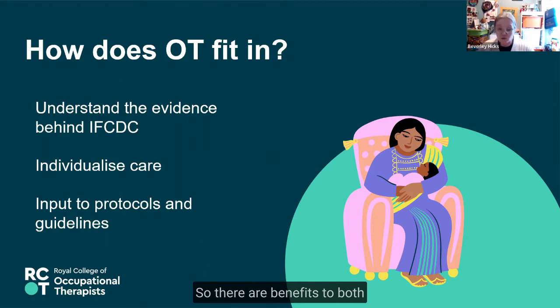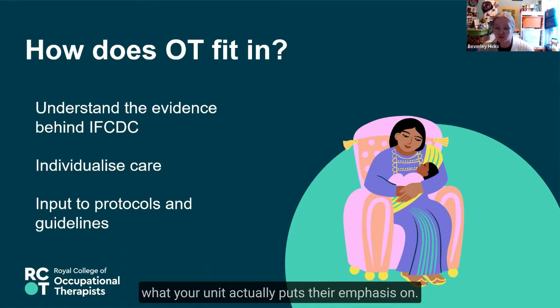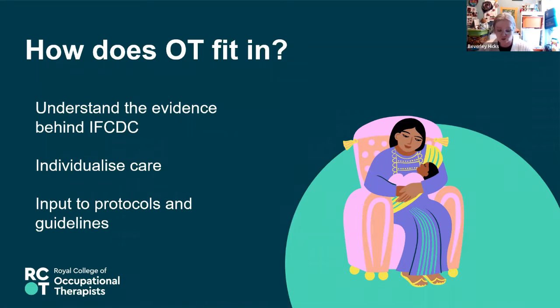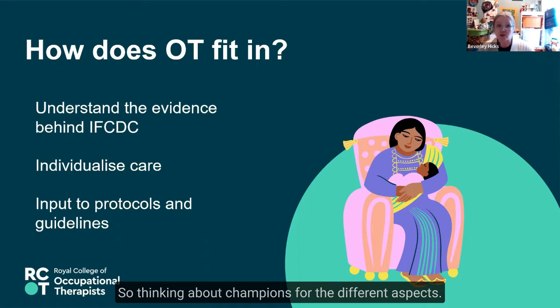So there are benefits to both the universal and individualized approaches, and this is going to depend on how many hours you have on the unit and what your unit actually puts their emphasis on. It also thinks about utilizing the MDT in universal work. So thinking about champions for the different aspects. You may have champions for skin to skin or for positioning or for any aspect of the care.